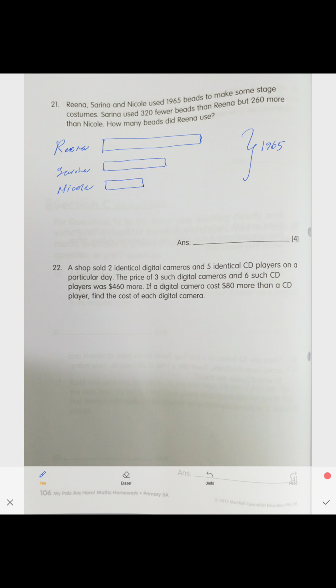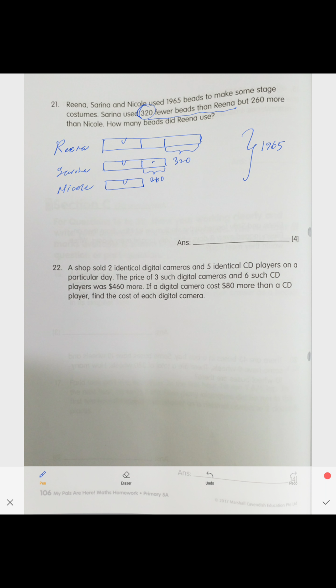Now, how many? They said Serena used 320 fewer than Rina. So this is our 320. And she used 260 more than Nicole. This is our 260 more than Nicole. All right, that's your model. So you have an identical unit everywhere, and you have 260 and 320 here.